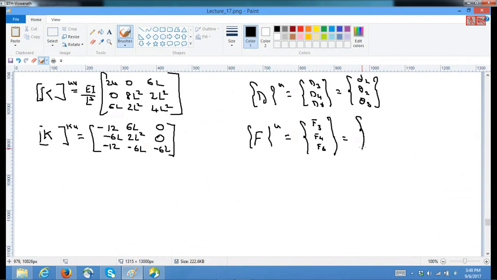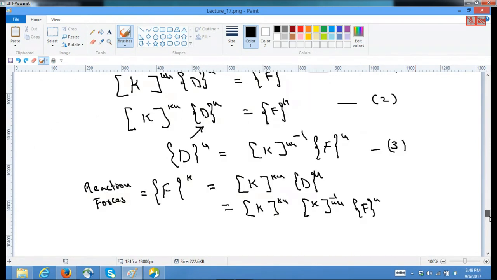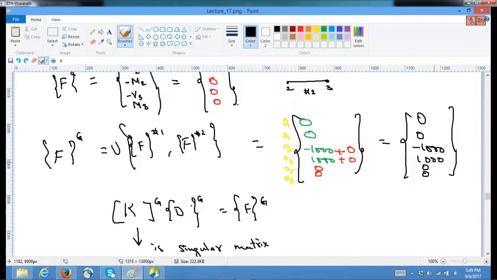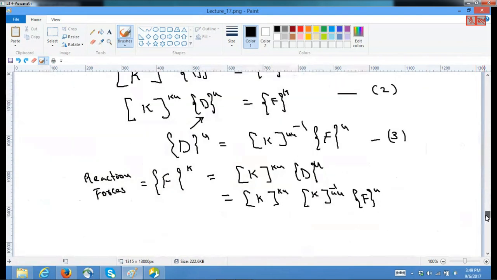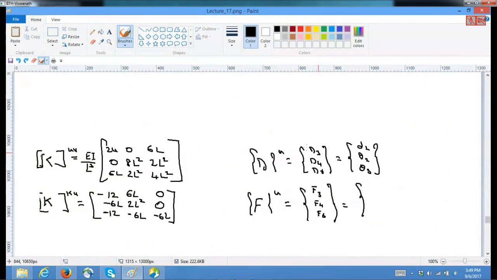In the last thing we got this as 10,000, but I think it is plus 10,000. So D3, D4, and F3, F4, and F6 are minus 1000, plus 1000, and F6 is 0.